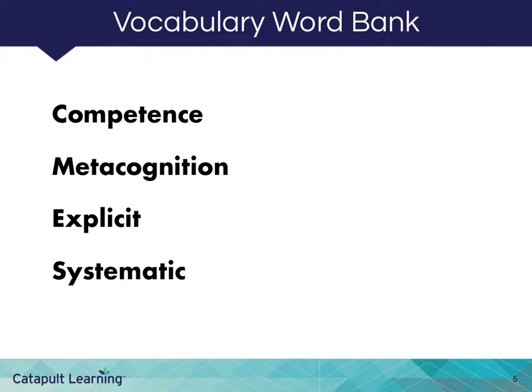Push play when you're ready to resume. Did your shared definitions address what you know for competence, thinking about thinking for metacognition, clear or present for explicit, ordered or linear for systematic?